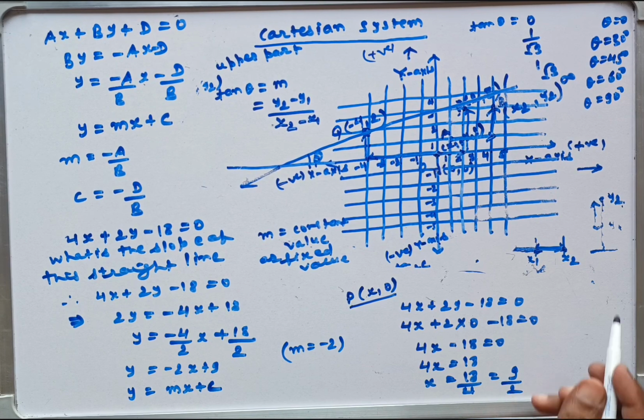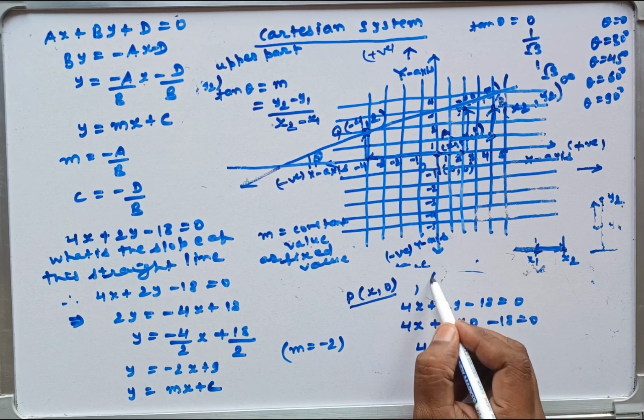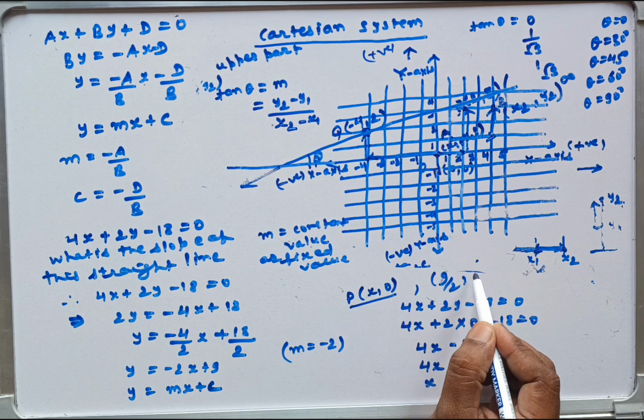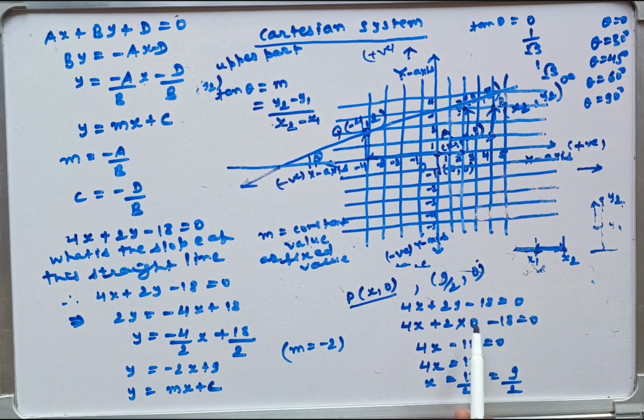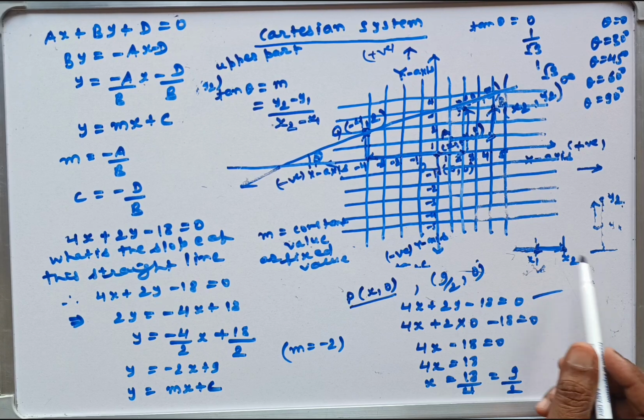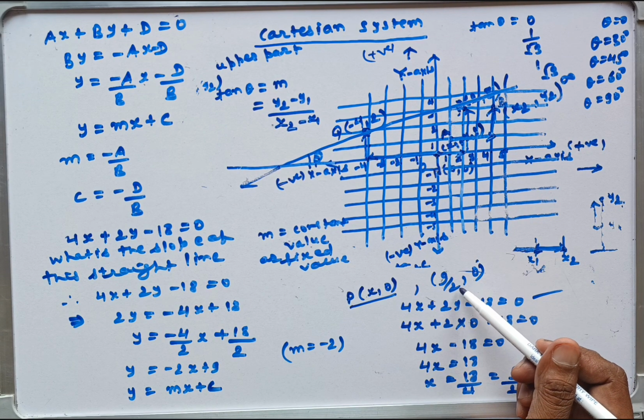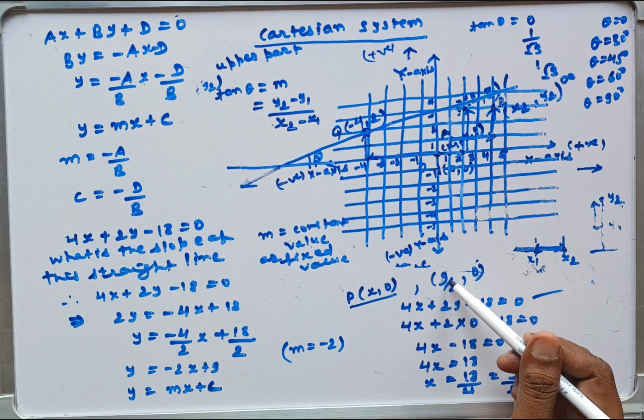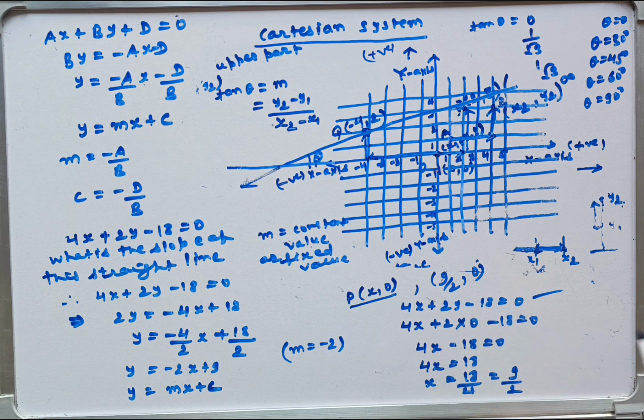So the coordinate of this point is 9 by 2 comma 0. This straight line cuts the x-axis at the point 9 by 2 comma 0.